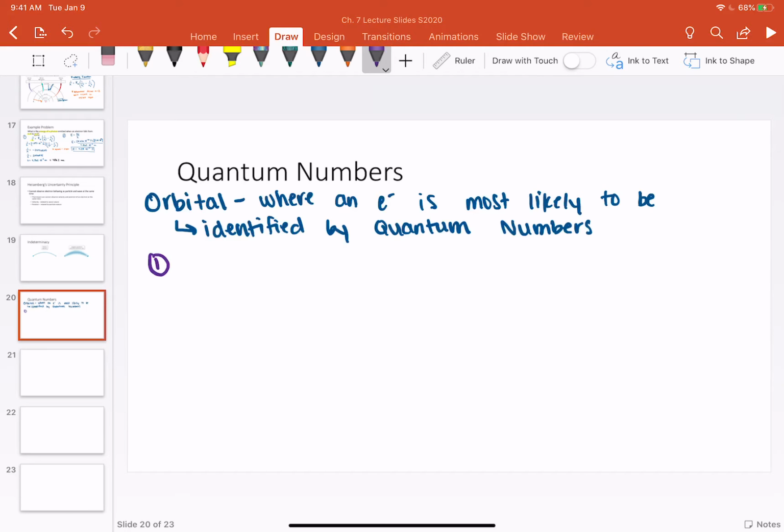The first quantum number is the principal quantum number. I'm just abbreviating quantum numbers as Qn. And the principal quantum number is designated as a lowercase n. And this quantum number determines the size and energy of an orbital.